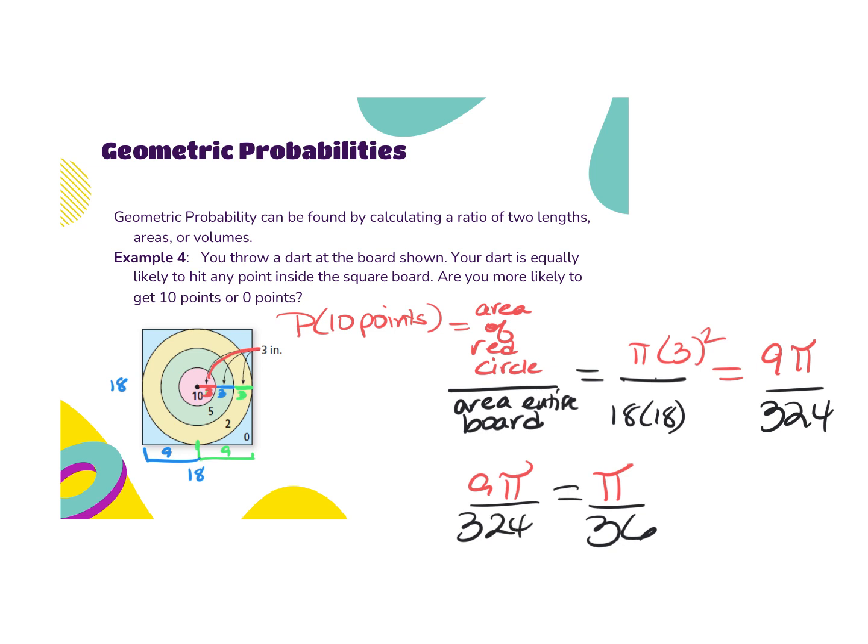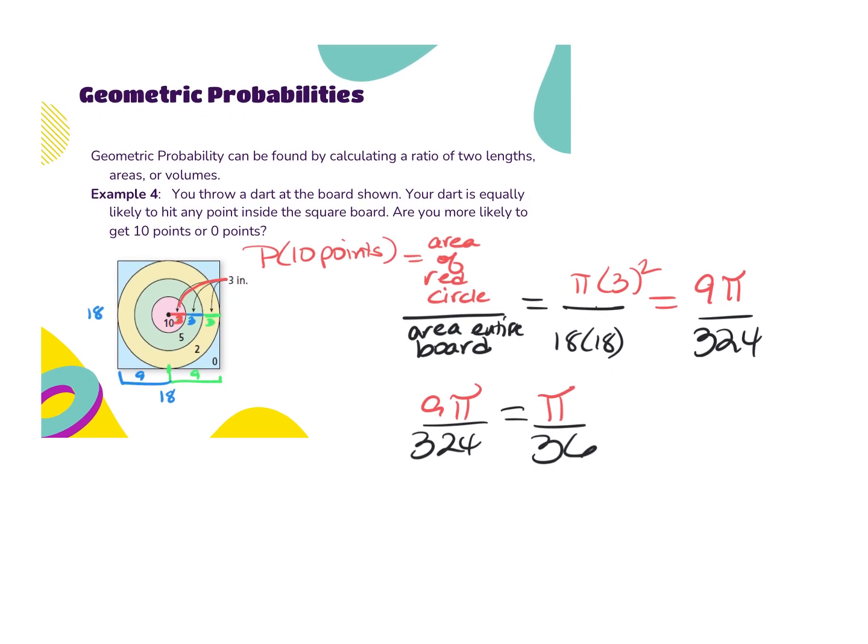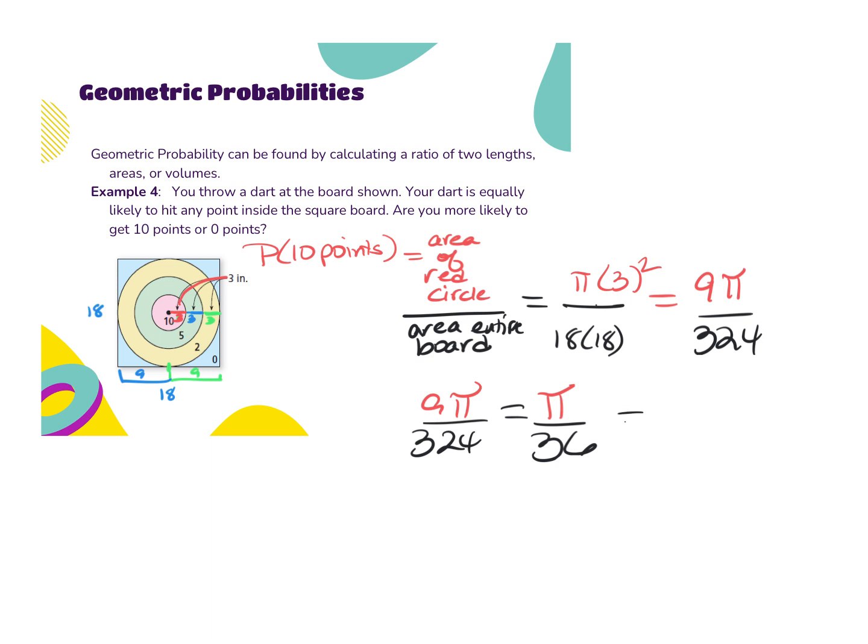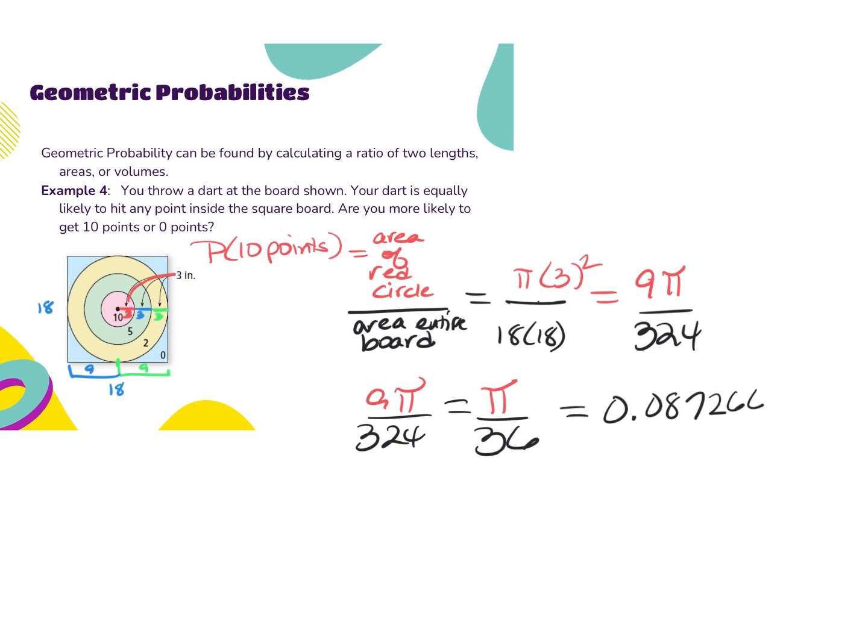I'm going to divide this because when I do the bottom one, it'll be easier to compare two decimals. So this is going to be the probability that you would get 10 points when you throw a dart at that dartboard, and the decimal is 0.0872664626.